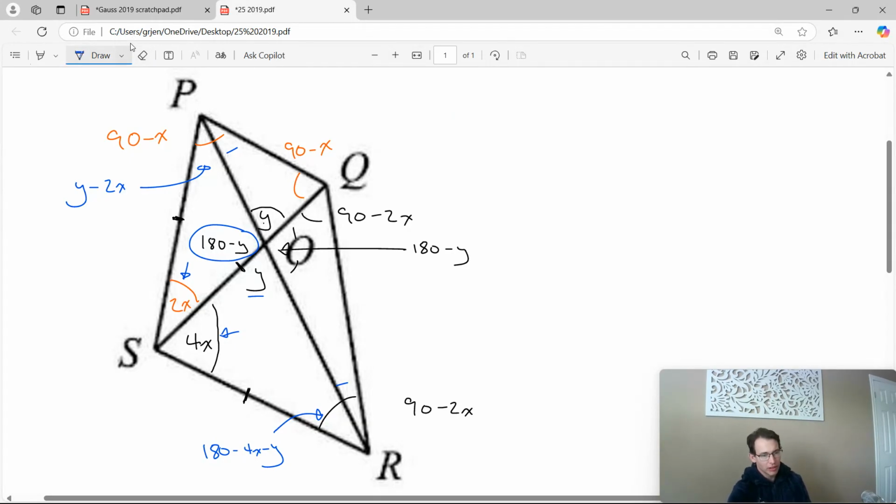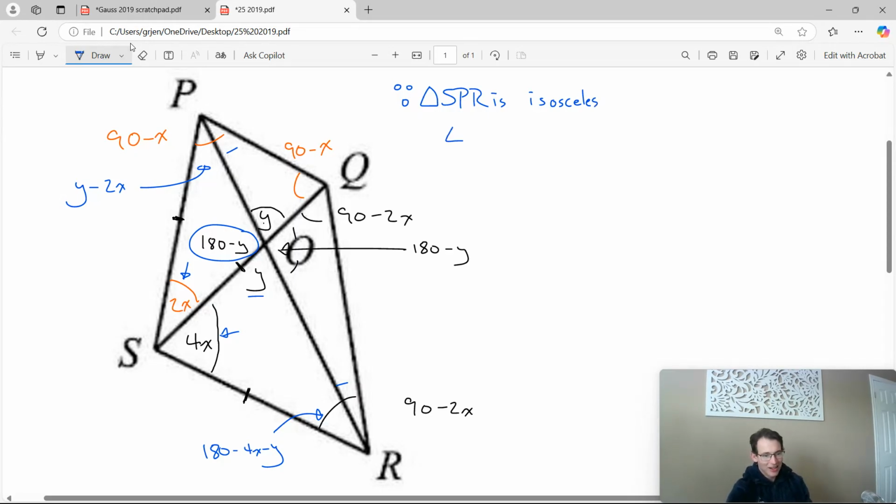And now we're going to have a little statement, okay? Since triangle SPR is the bane of my existence, the word isosceles, I don't know how to spell this word yet. Since it's isosceles, I'm pretty sure that's right.